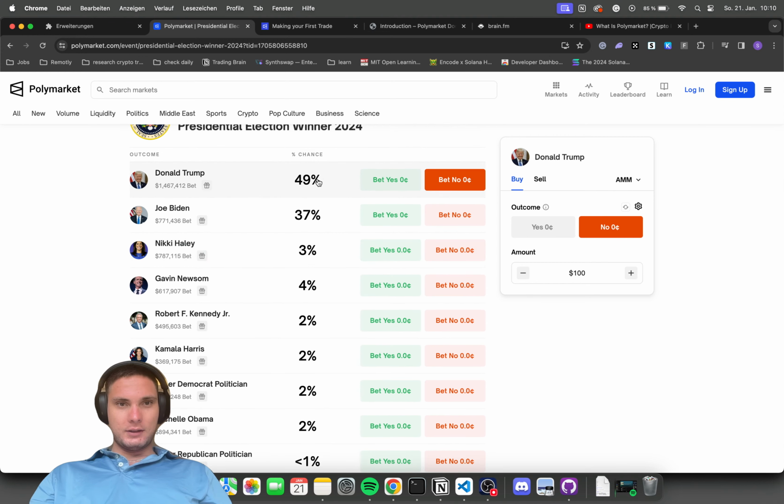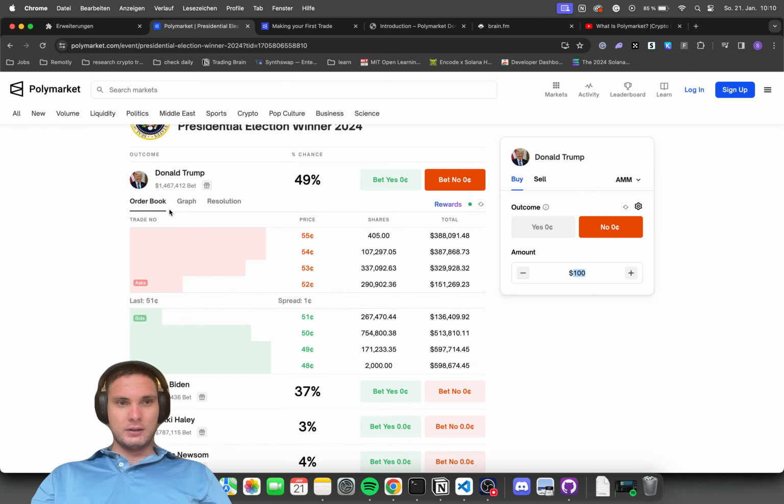But interesting to see that 50% think Donald Trump will win.